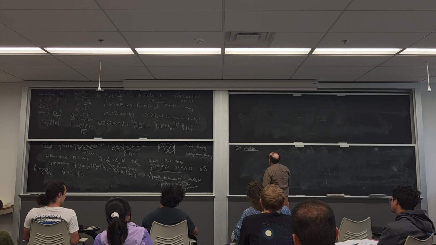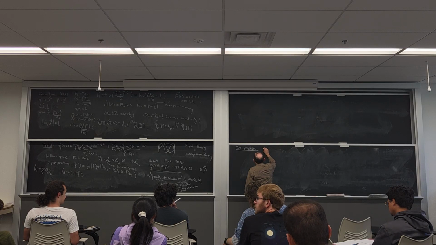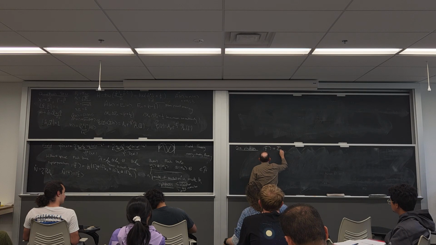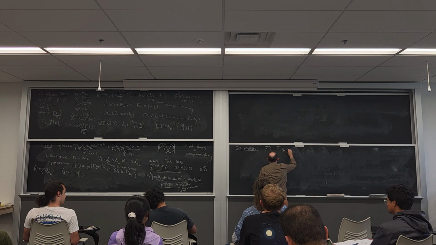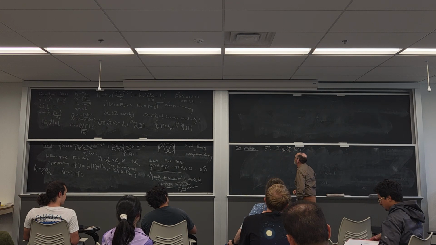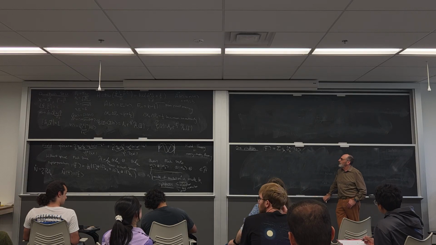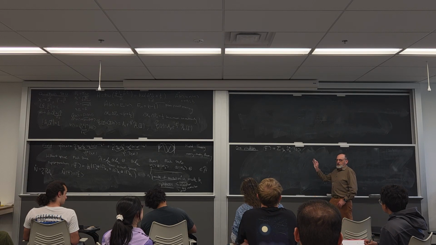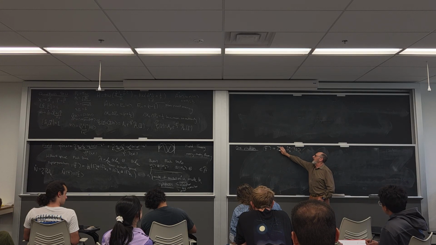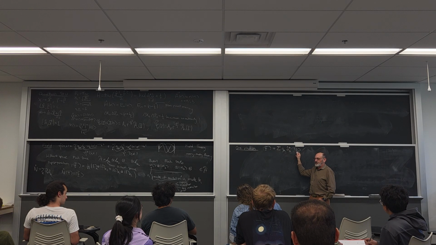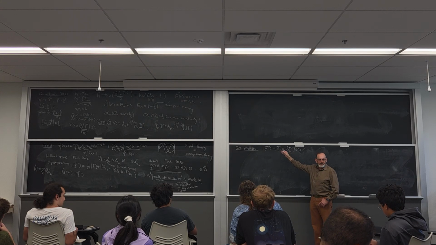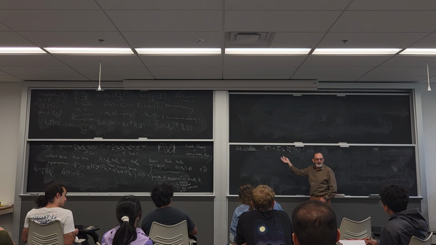I could write that state as some superposition. So let's look at this. What am I saying? If I didn't have the superposition, I've created 1 phonon in the mode k. But here I'm creating a superposition of phonons, right?